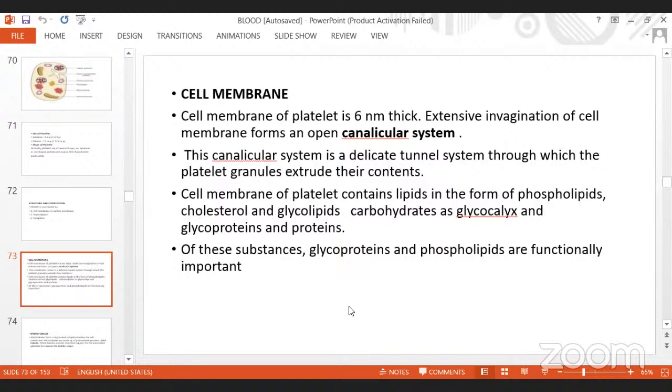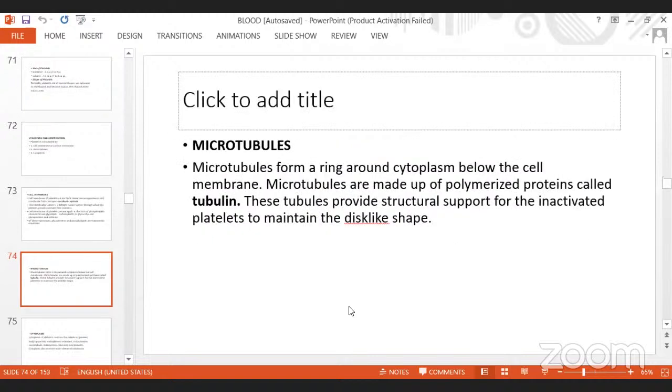The microtubules are seen below the cell membrane, and they are made up of a polymerized protein known as tubulin. These tubules provide structural support to the inactivated platelet to maintain the disc-like shape.